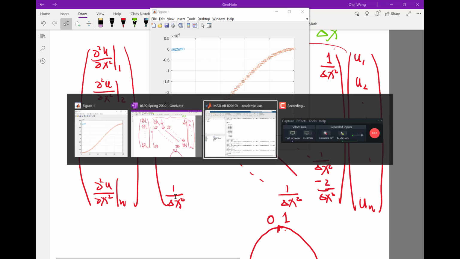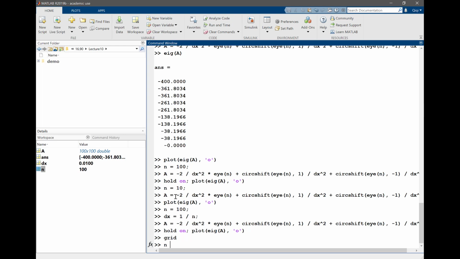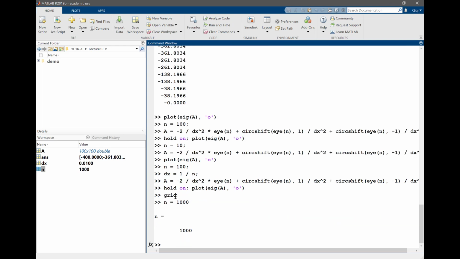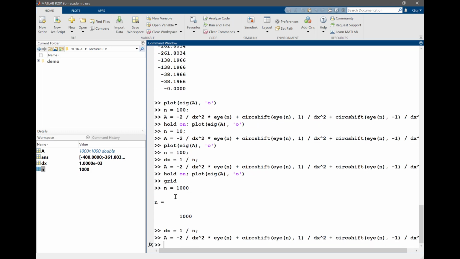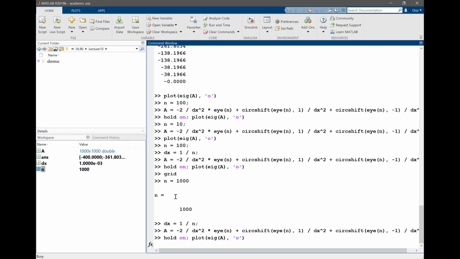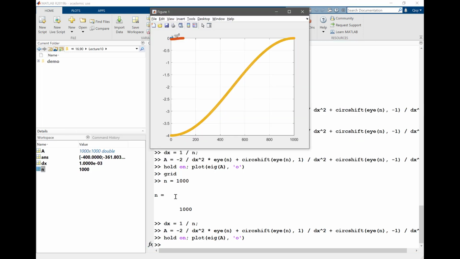So let's try another number to see if it holds true. So maybe 10 times larger, okay? And I hope the eigenvalue computation is not going to take too long. Okay. Right, so we now get minus 4 million. All right, still looks like a sinusoid, actually.